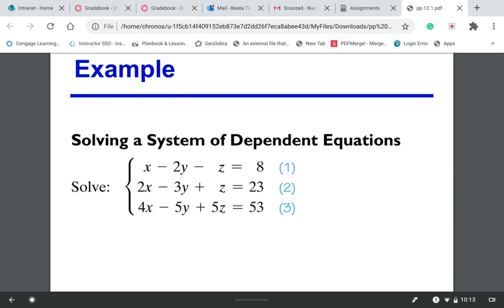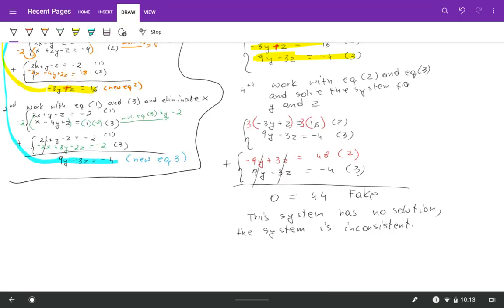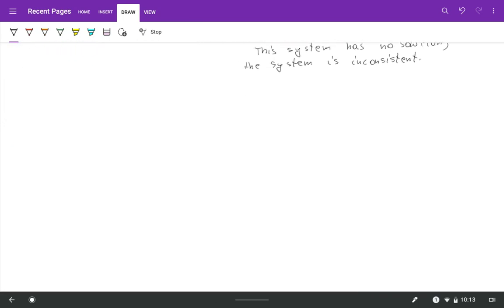Let me copy this example on whiteboard. So system with dependent equations. So example 3. So this one is solving system with dependent equations.